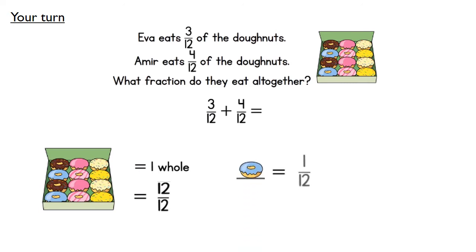And 1 donut equates to 1/12. So if we were doing 3/12 plus 4/12, we know that 3 add 4 is 7. So our answer is 7/12. Eva and Amir ate 7/12 all together. They ate 7 out of the 12 donuts.